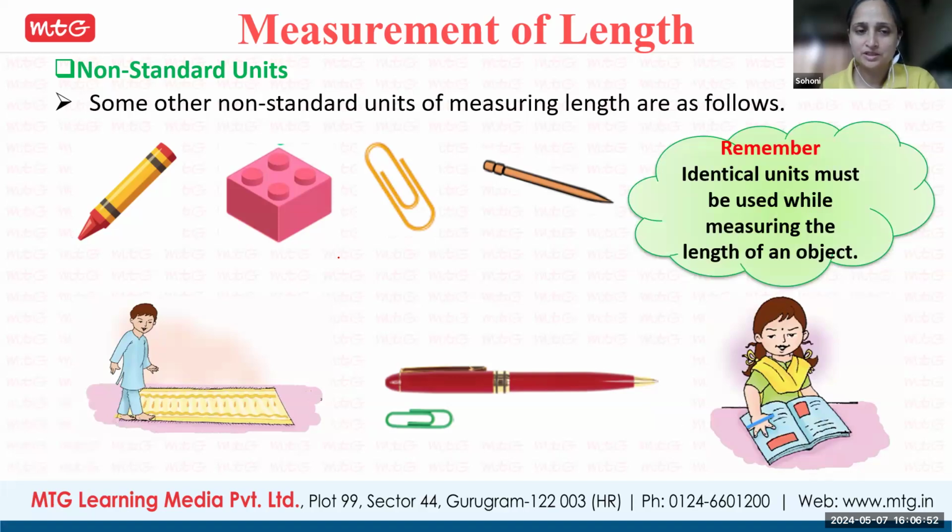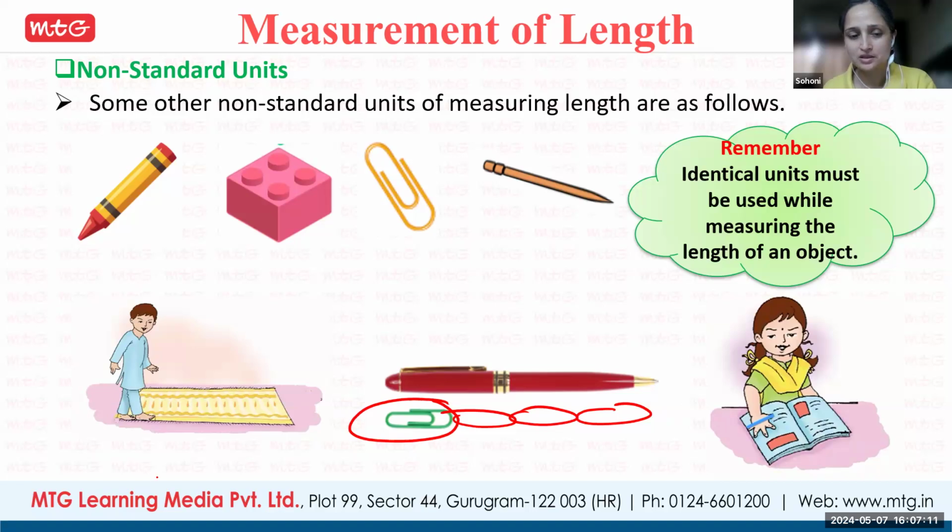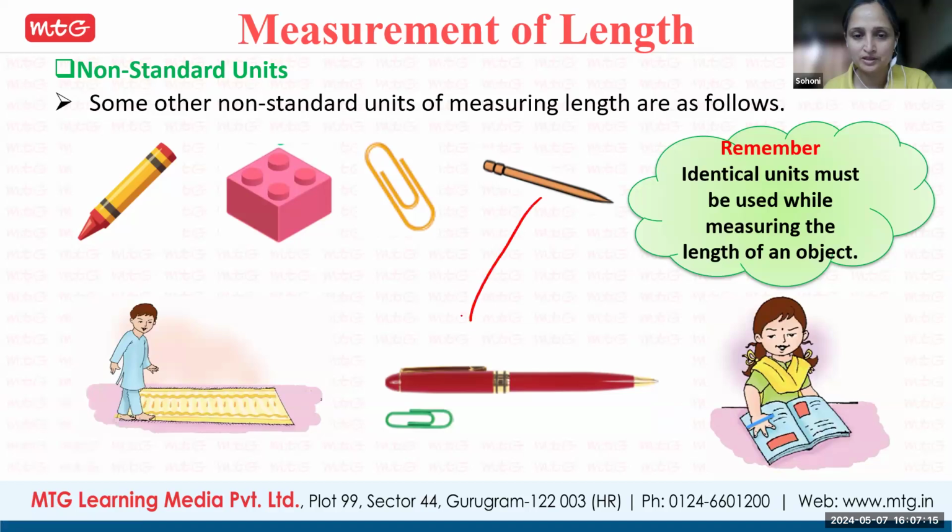So when we use non-standard units like paper clips and crayons and everything, we have to use the same thing every time. Like if you are using this paper clip for the pen, then you have to use the same paper clip every time. 4 paper clips. If you are using crayon or toothpick, then also you have to use the toothpick only.